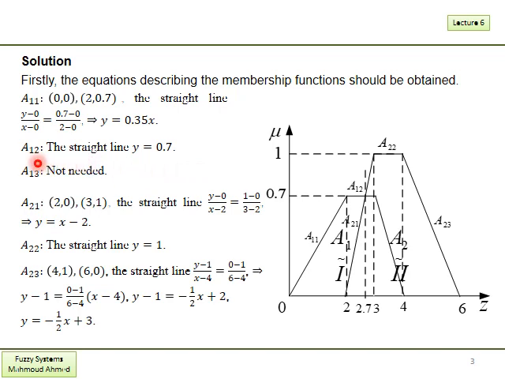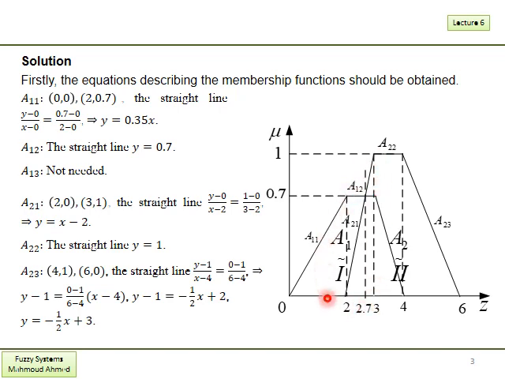For the next one, a12, which is this one here, the straight line is equal to y equal to 0.7, which is the height of this straight line. a13 is not needed. As we said before, it lies in the overlapping area. And a21 has the points (2, 0) and (3, 1).